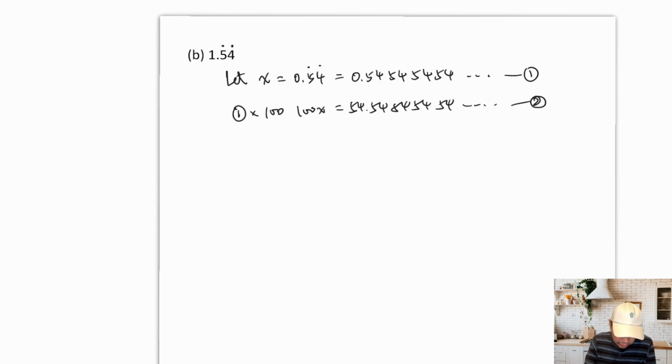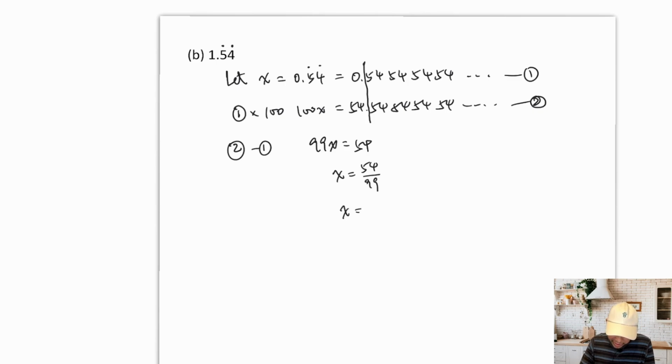So the next step, equation 2 minus equation 1, the left hand side will become 99x. The right hand side, when we do the subtraction, the digits after the decimal points will disappear. So 54. x is equal to 54 over 99.